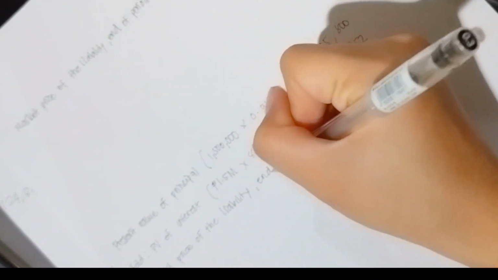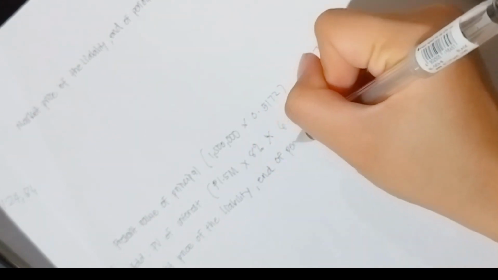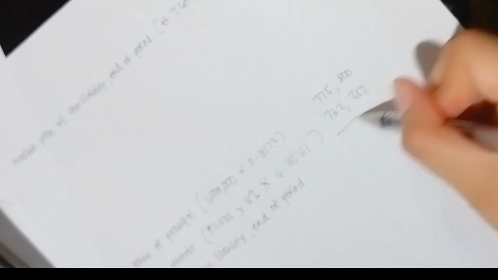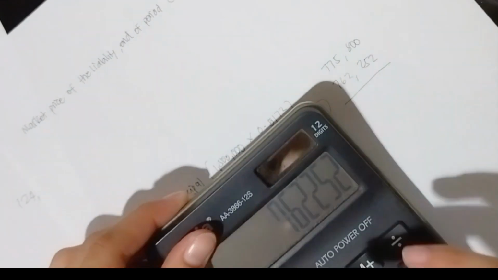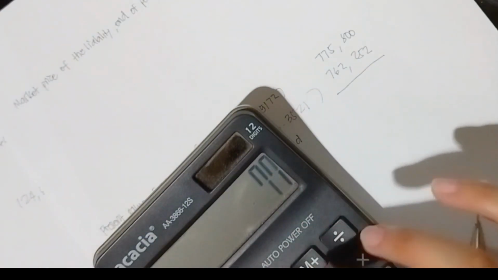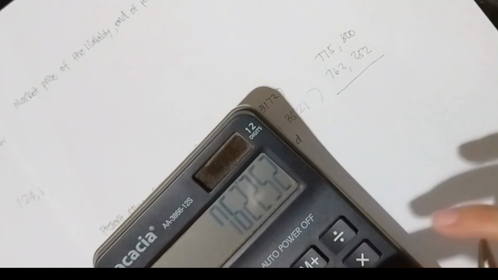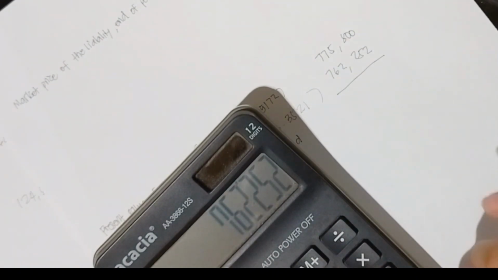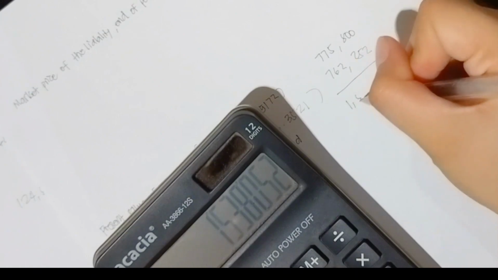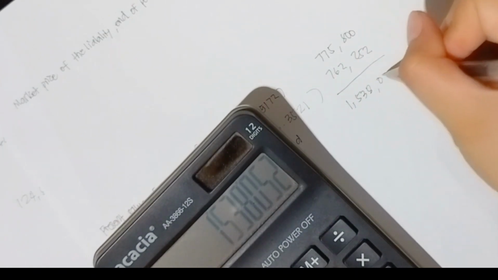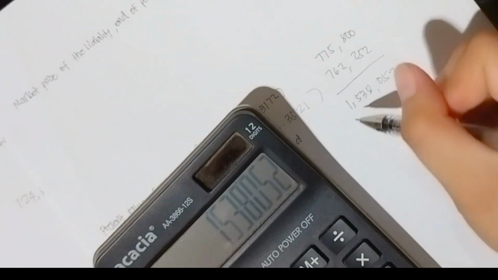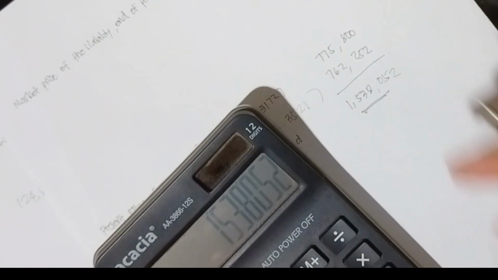So now we get the market price of the liability at the end of period, which is equal to 775,800 plus 762,252, which is equal to 1,538,052. So this is now our market price of the liability at the end of period. So we have 1,538,052.